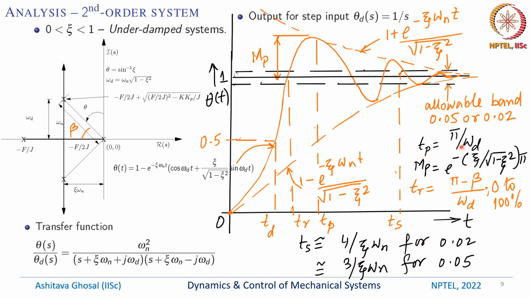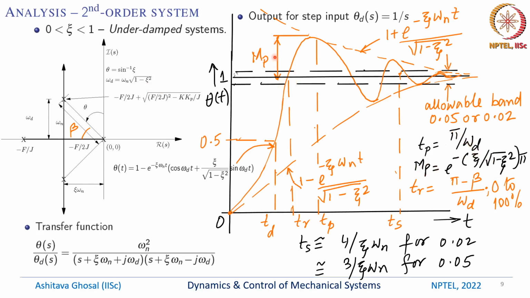The Tp, which is the time when it reaches this peak overshoot, can be shown to be pi divided by omega d. Omega d, remember, is the damped natural frequency. It is called the damped natural frequency because it is omega n into square root of 1 minus psi square. So Tp is pi divided by omega d.